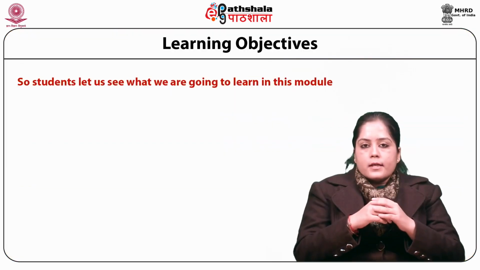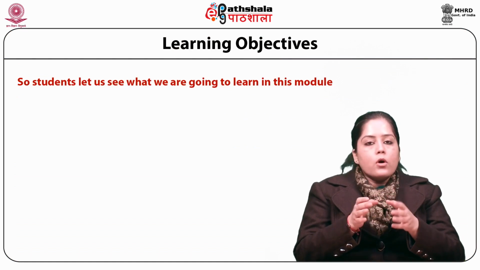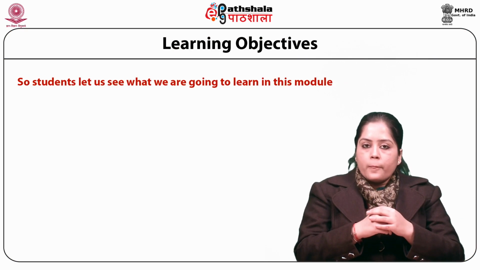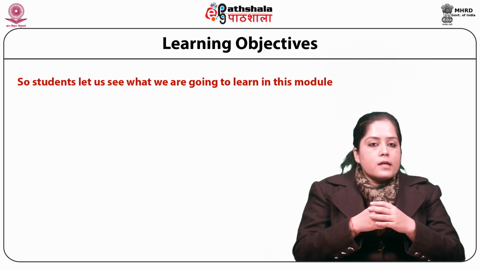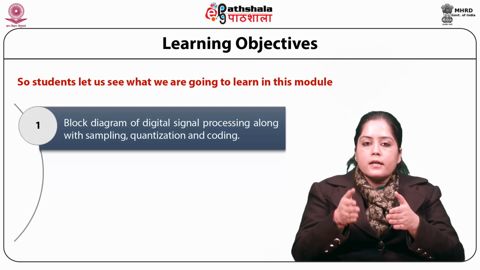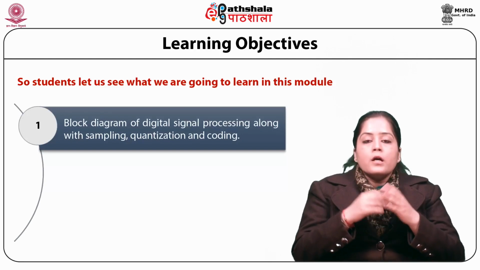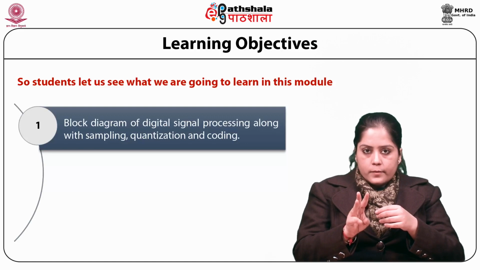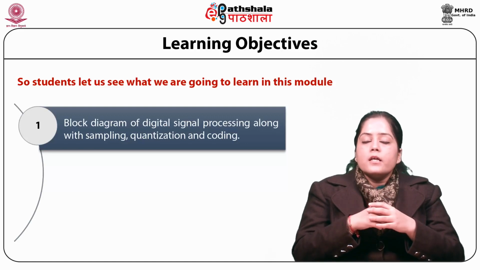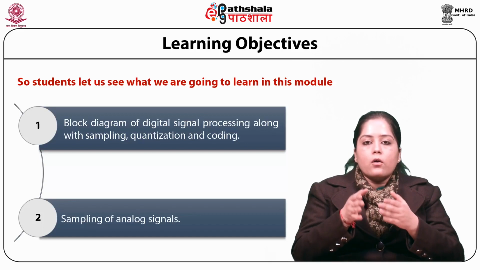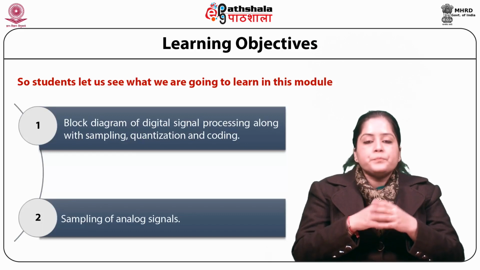So students, let us see what we are going to learn in this module. First, we will discuss the block diagram of digital signal processing along with sampling, quantization and coding. Secondly, we will discuss the sampling of analog signals.